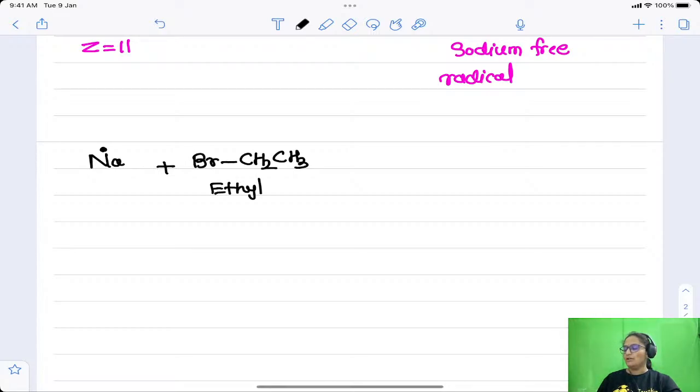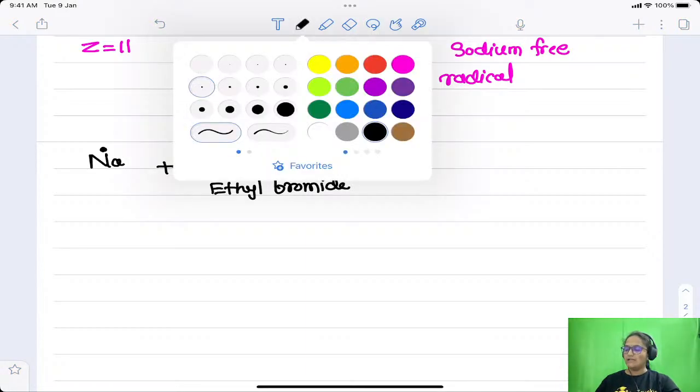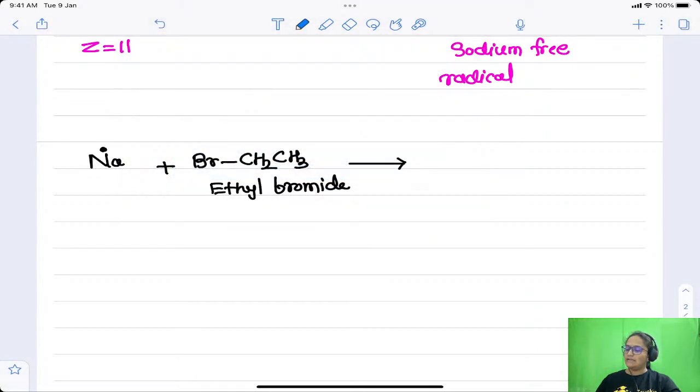So what is going to happen? Sodium radical is going to react with this ethyl bromide molecule, so a radical reaction takes place. Radical reaction means homolysis, right? There are two electrons in this bond, a single line with two electrons. Out of the two, one will combine with the sodium electron and one will transfer to the carbon atom.